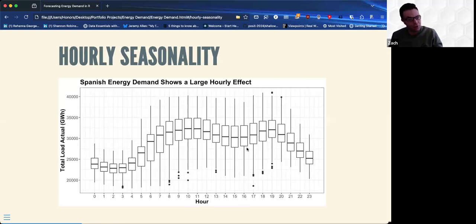But backtracking to the hour of the day box plot, you can see that the differentiation between each hour is going to be the largest. We can see that demand peaks by around midday and it's at its lowest in the early hours of the day down here, so when people go to sleep.